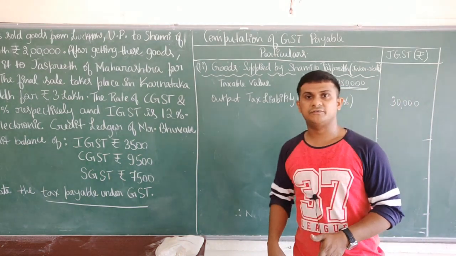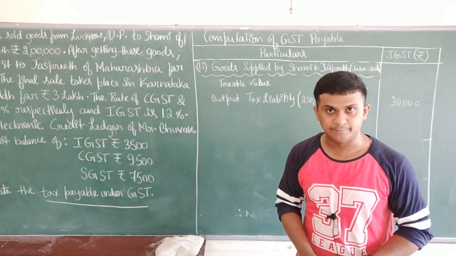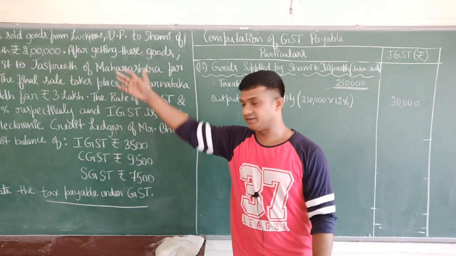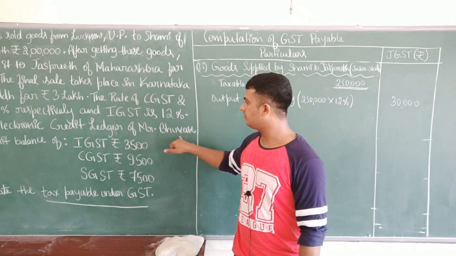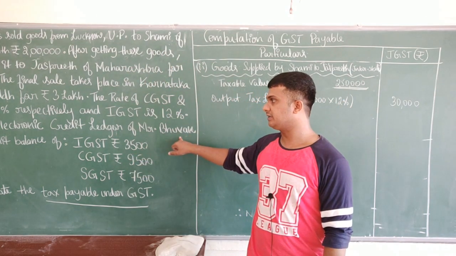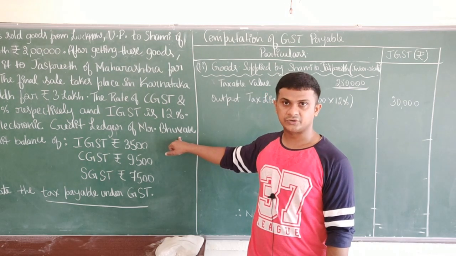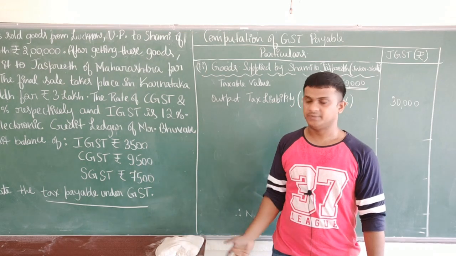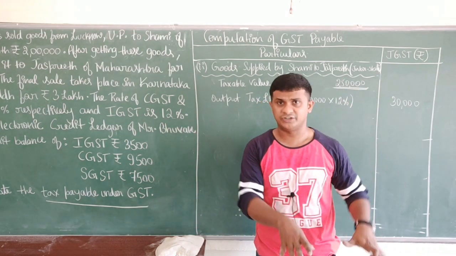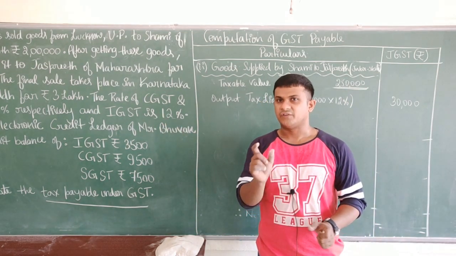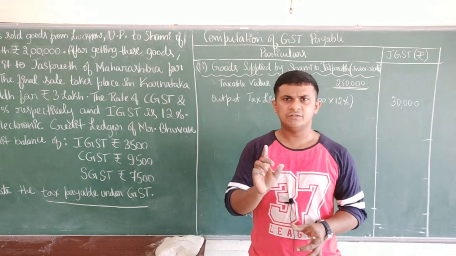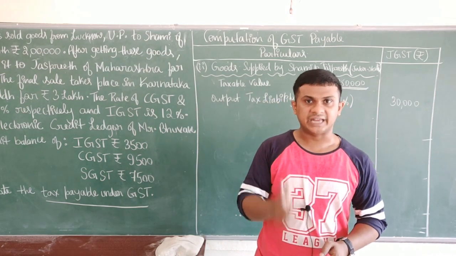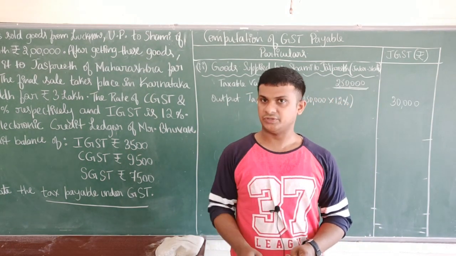And previously we deducted input tax credit in the case of Bhuvan, right? So the balance in the electronic credit ledger that they have mentioned is Bhuvan's, not Shami's. We cannot use this because we have already used that. But whether Shami is eligible for any input tax credit, that's the question now.